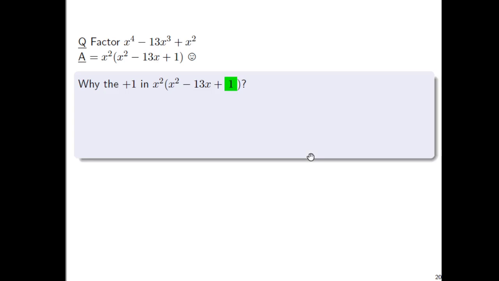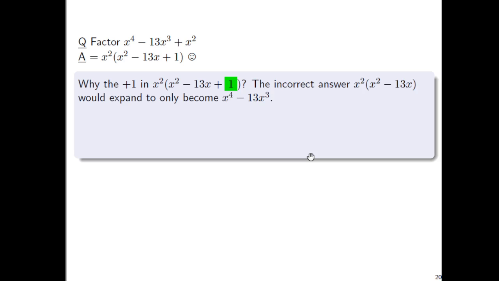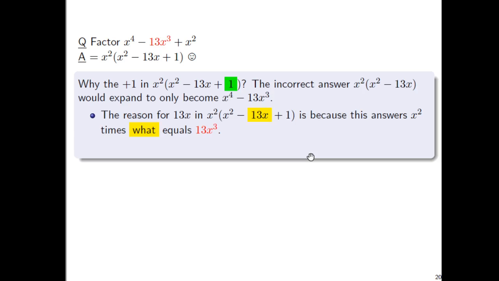So just to argue in a little more detail why that 1 is there: we just said what's incorrect about this, but the whole point is to think as systematically and consistently as we did for the middle term. The reason there's a 13x in the parentheses is because this answers: x squared times what would equal 13x to the third?